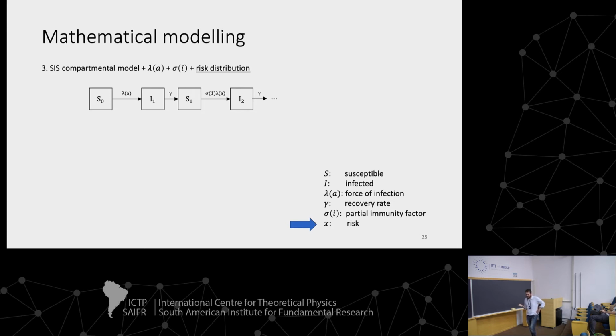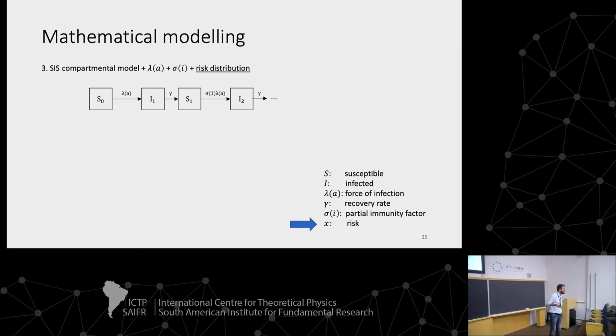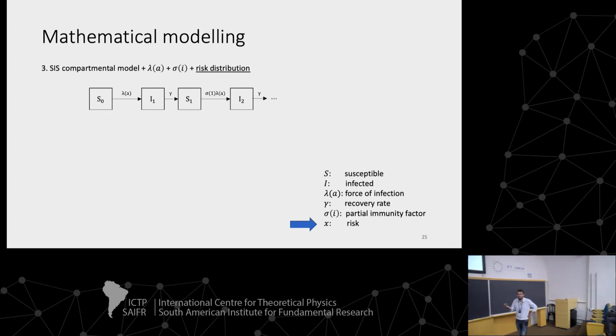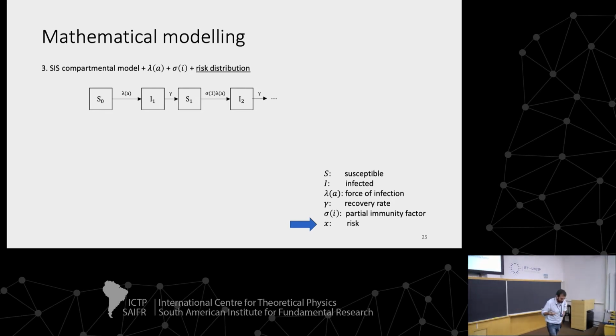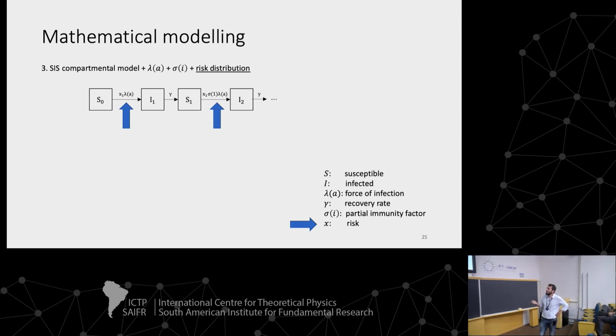For a risk distribution, we try to make it as simple as possible, because we don't know if this is a gamma distribution, a log normal distribution, a normal distribution, we don't know. So we add this risk factor for this group, and then we consider another group with a different risk factor.